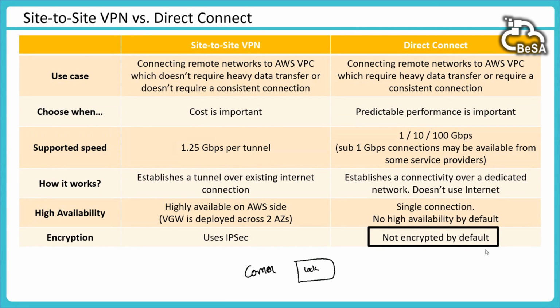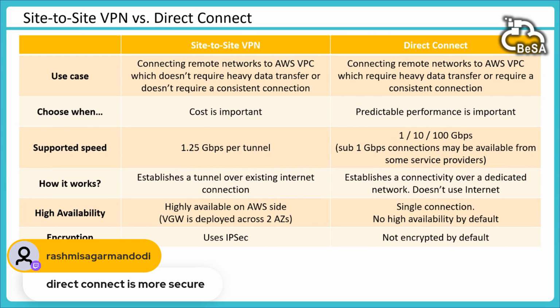Site to site VPN always uses an IPsec connection. So just be aware that encryption is implemented differently. VPN would always have encryption, whereas Direct Connect will not. Rashmi is asking whether Direct Connect is more secure. I agree and do not agree also.